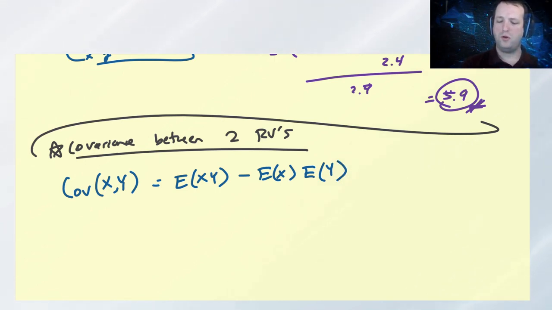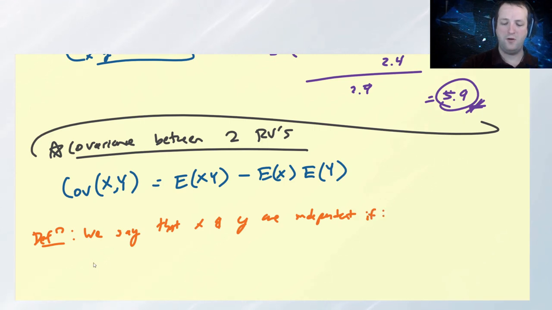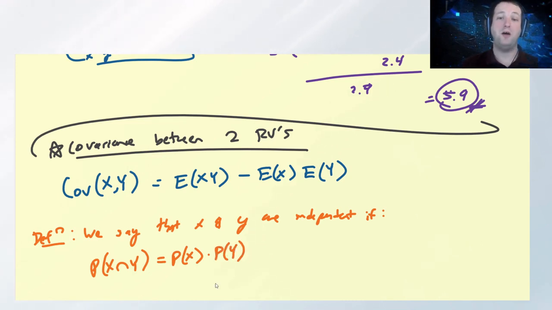Another definition that I'm just going to add here. We say that x and y are independent if the probability of x and y, and this is just a review from probability theory, is equal to the probability of x times the probability of y, for all possible values of x and y for which they can hold.